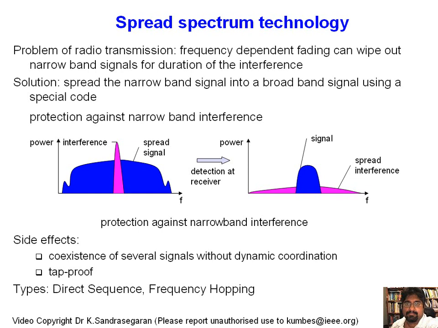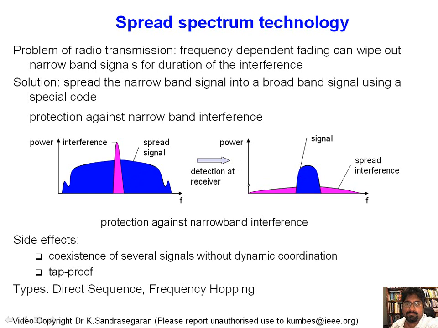Now, in some ways, it looks a bit wasteful because you're transmitting the same information a number of times across the frequency band. But in other ways, it becomes quite useful as a means of protection from narrowband interference, which is very common in wireless systems. At the transmitter, you spread the signal, and at the receiver, you despread, or do the opposite of the spreading process.